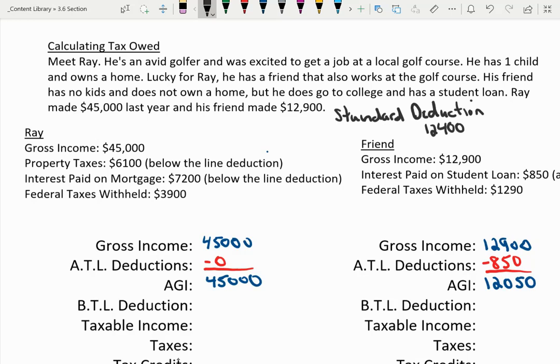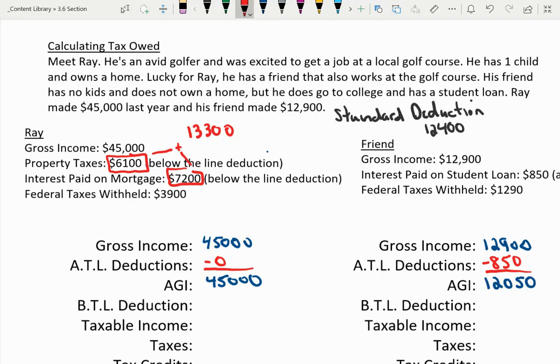In this case, it was 6,100, and then he also paid interest on his mortgage loan for his house. So if you take those two values, 6,100 and 7,200, add them together, you're going to get 13,300. Okay, now that sum could be used as a deduction.